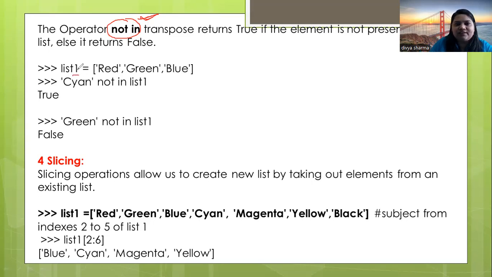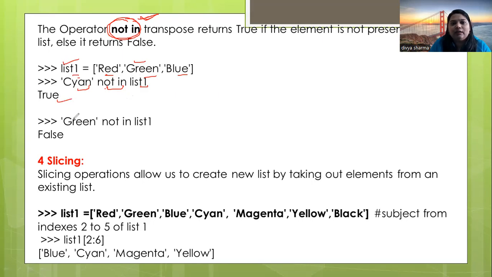List one, for example, we are taking one example. List one: red, green, blue. Cyan not in. Not in is the operator which we are going to use. Cyan not in list one. It will check whether cyan is present or not. Cyan is not present, which means that it will be true. So the right answer will be true.